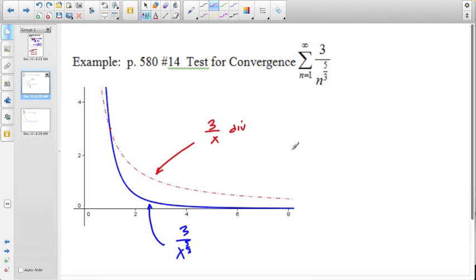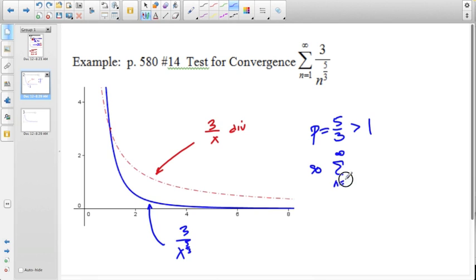So to complete the p-series test, we acknowledge here that we have a p that is 5/3, and 5/3 is greater than 1. That being the case, it meets the criteria.